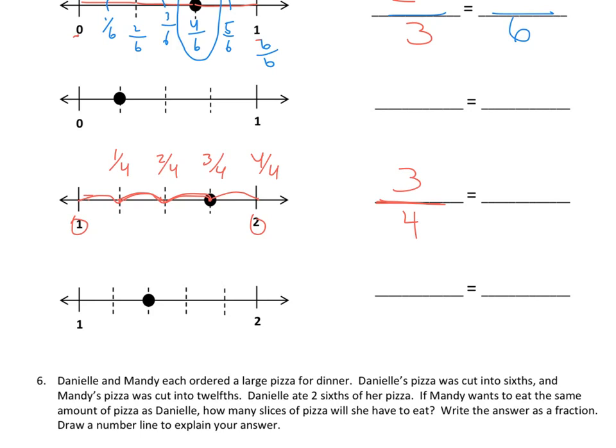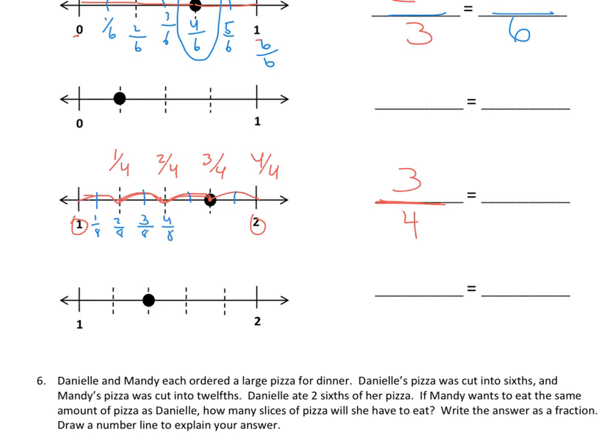Now, I know that I can break fourths into eighths by breaking them in half. So I'm going to do that right here by breaking each of those into another, and I have eighths now. That's a 3.